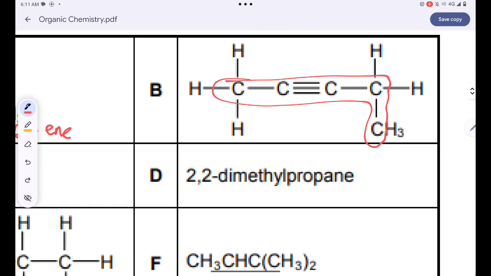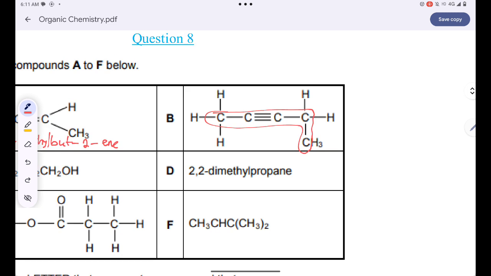Are you together? And obviously, whenever I number my carbons, I must start numbering them from the terminal which is closer to the triple bond. So this will be carbon number 1, 2, 3, 4, and 5. I can see that between carbon number 2 and 3, I have a triple bond.